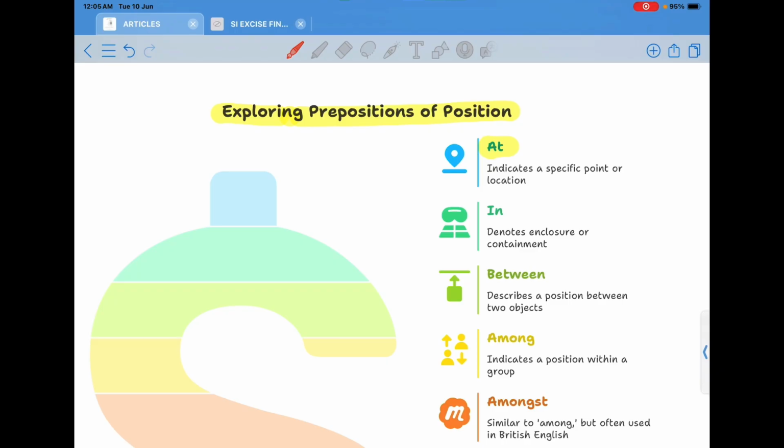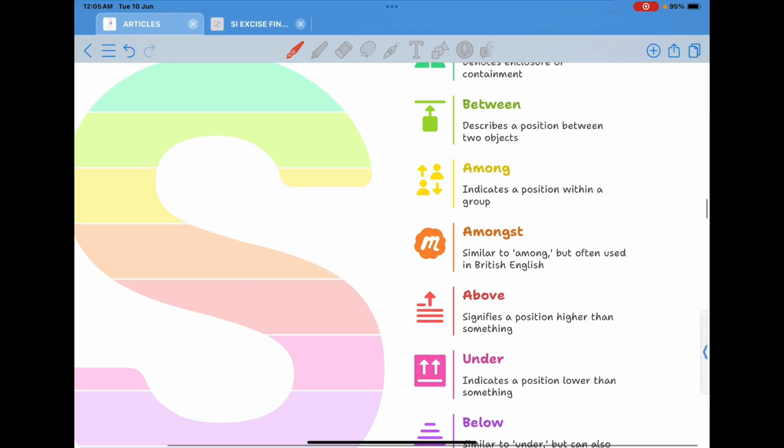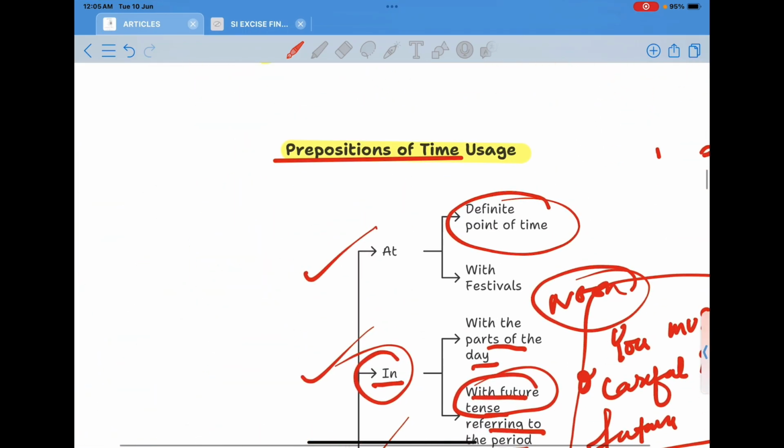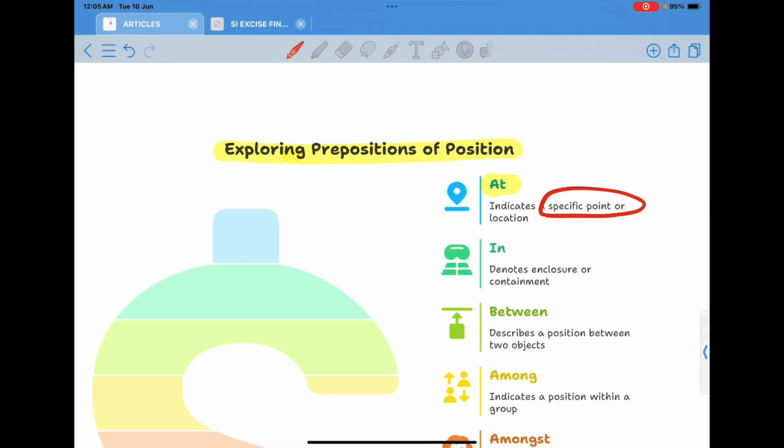He studied at Oxford indicates a specific point. Here I talked about the preposition of time, here I will talk about preposition of position. Now at indicates specific point or location. When you will be talking about a particular specific location, particular point, in that scenario you will use at.